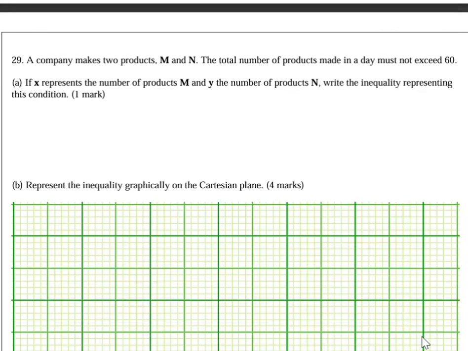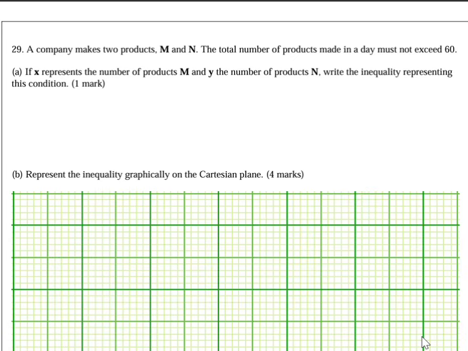Number 29 on linear inequalities. A company makes 2 products, M and N. Total number of products made in a day must not exceed 60. If X represents the number of product M and Y represents the number of product N, write the inequality representing this condition. So remember, we have 2 products, M and N. Tumeambiwa tutumie X is for M and N for N we use Y. Hizo product in a day zisipite ngapi? 60.